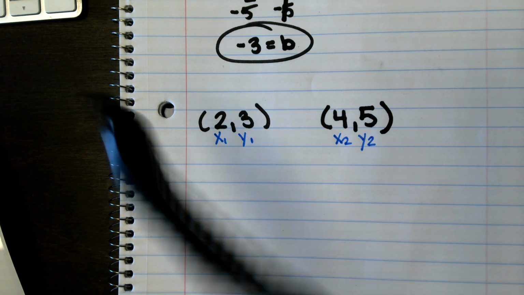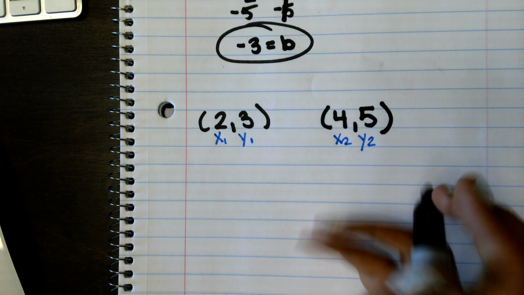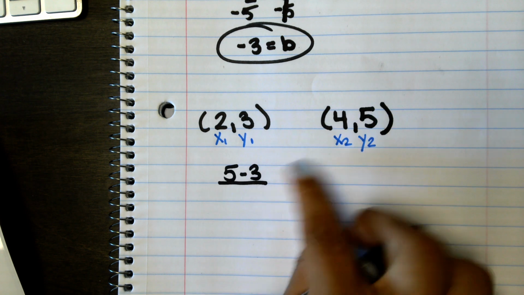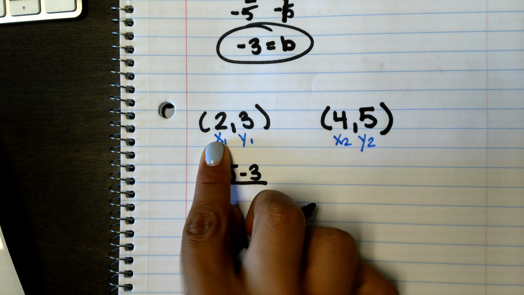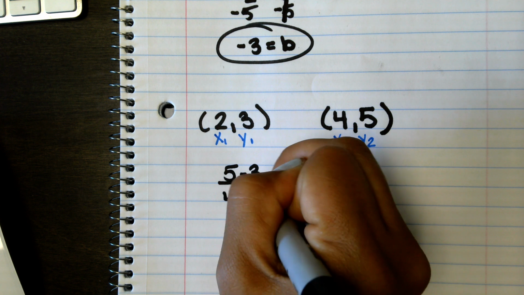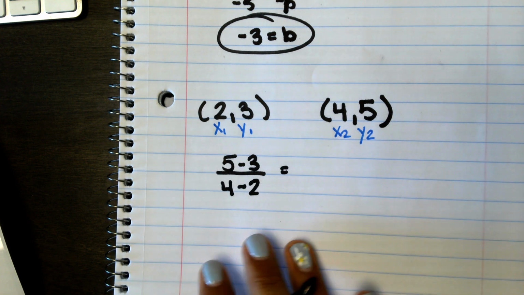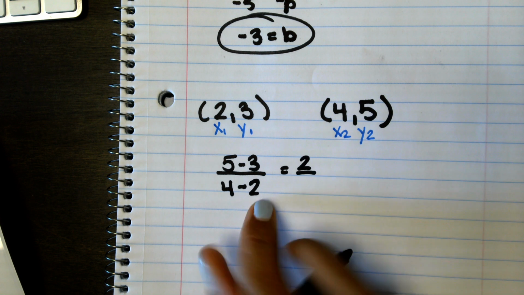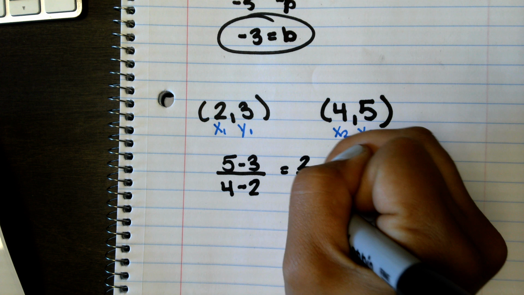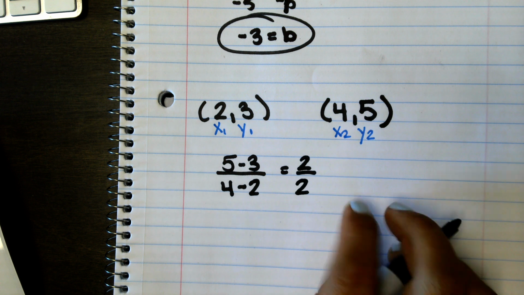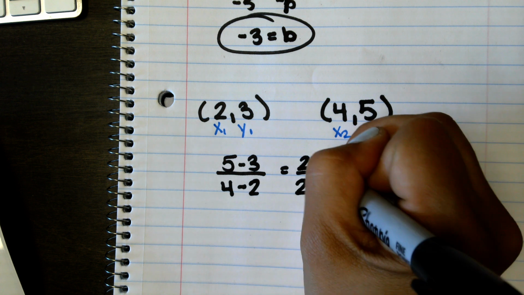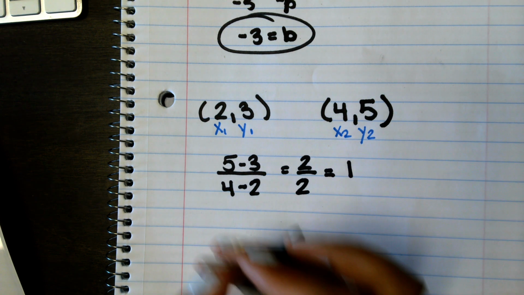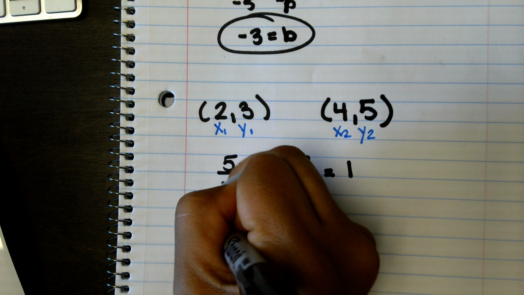So the slope formula is y2 minus y1, 5 minus 3, over x2 minus x1, 4 minus 2. 5 minus 3 is 2. 4 minus 2 is also 2. And I have 2 over 2, which simplifies to the lovely number 1. So our slope, our m, is 1.